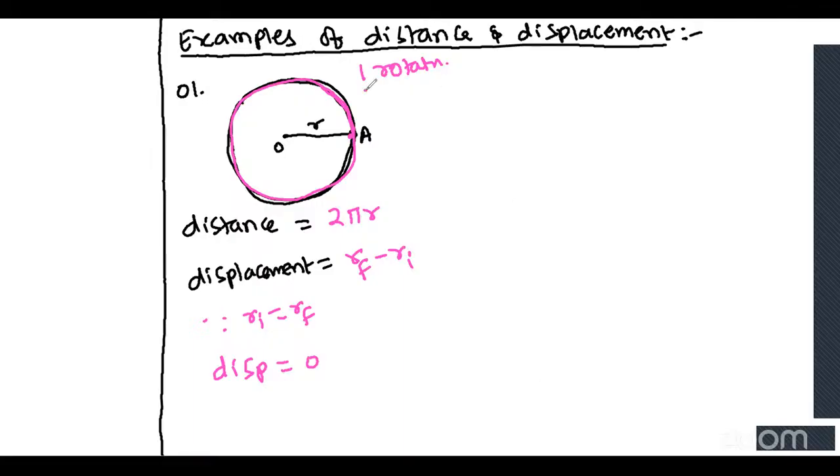If particle completes two rotations, what is the distance traveled by particle?